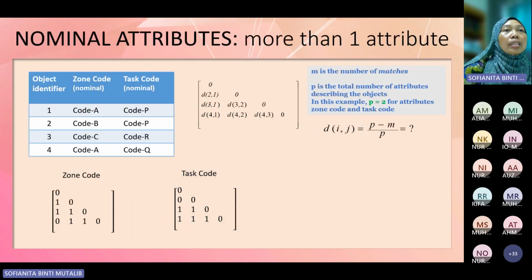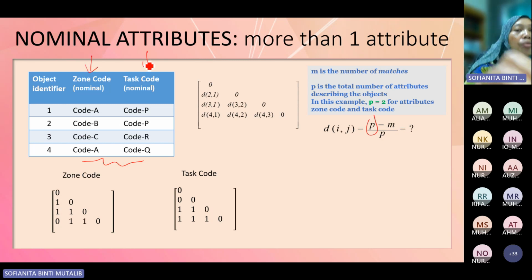The next example shows multiple nominal attributes. The number of attributes P changes to 2. The number of matches looks at the nominal values, let's say the zone code and the task code.